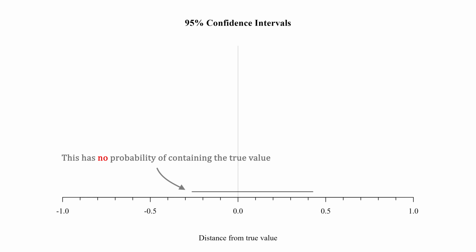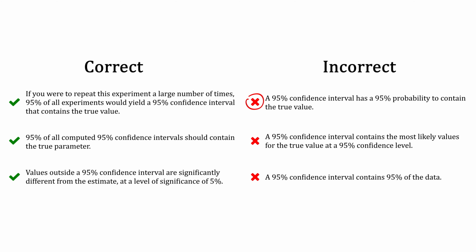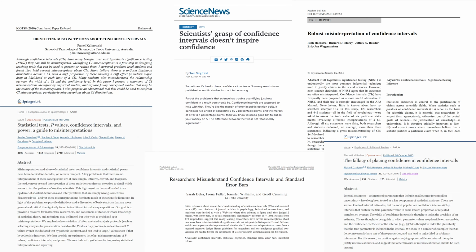But it is no longer a matter of probability. It is therefore incorrect to say that this one interval has a 95% chance to contain the true value. Only that the entire procedure we use to make these intervals is known to contain the right value in 95% of all hypothetical experiments. If you don't understand this difference, you're not alone.